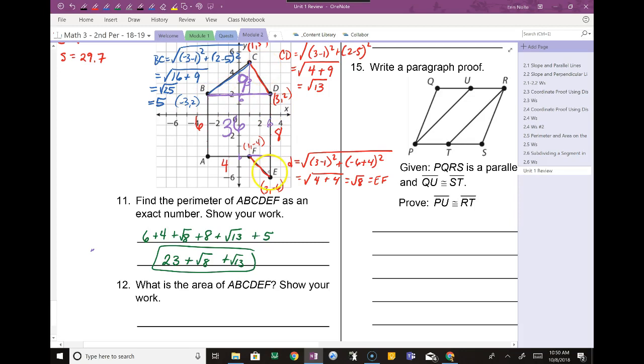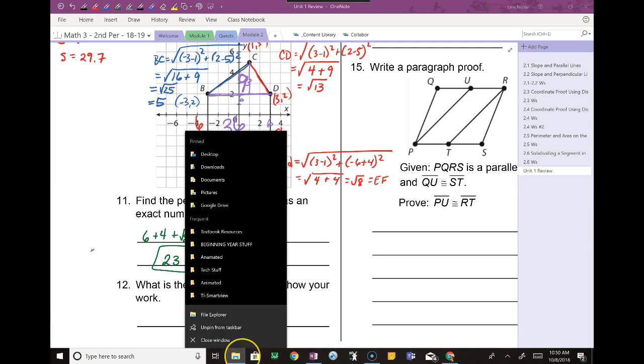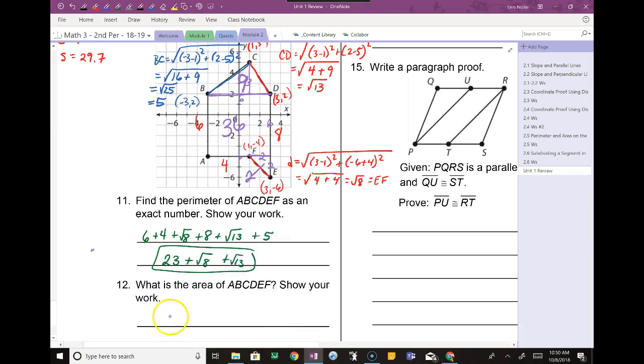And my last little triangle has a base of 2, a height of 2. 2 times 2 is 4, and half of 4 is 2. So the area of that one is 2. So if I add those three shapes together, I would have 36 plus 9 plus 2. 36 plus 9 is 45. 45 plus 2 makes 47. So we get 47 units squared on that.